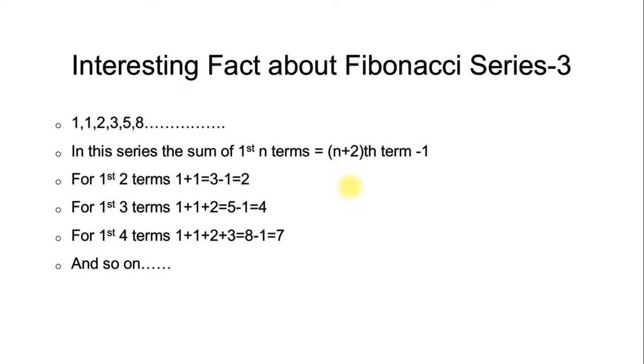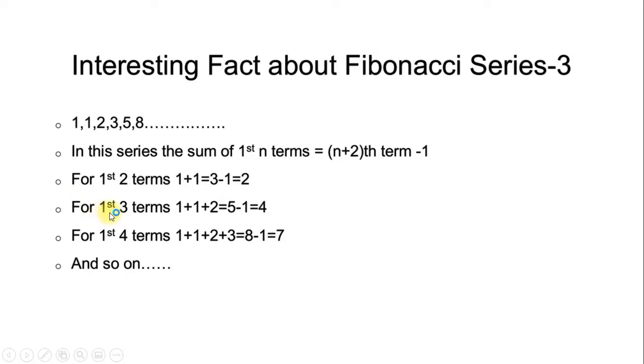What does it mean? If we sum the first two terms, 1 plus 1 equals 2. How many terms have we summed? Two terms. So n plus 2, 2 plus 2 equals 4. The fourth term is 3, so 3 minus 1 equals 2. So 1 plus 1 equals 2, and 3 minus 1 equals 2. This is what the property says.